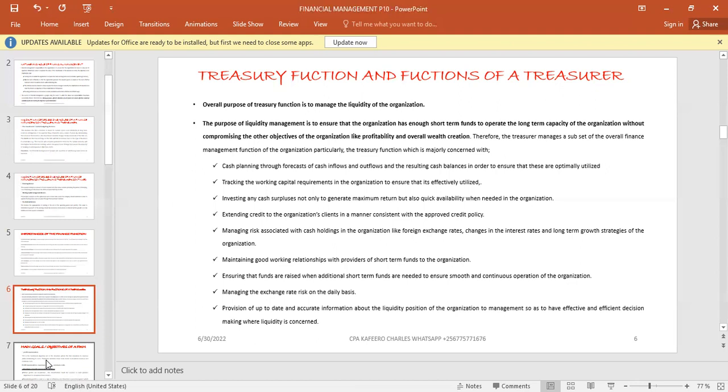You know, there is a problem with the cash. If cash is too much within the organization, even the people who are working within the treasury may steal the money. So you make sure you are able to maintain the optimal or the needed amount of cash within the organization.